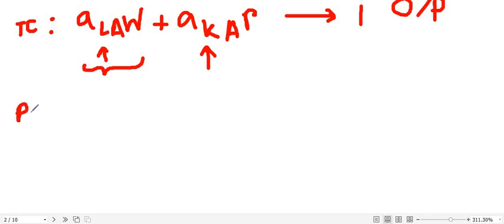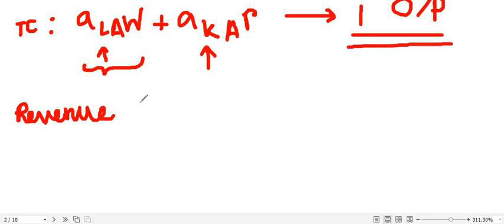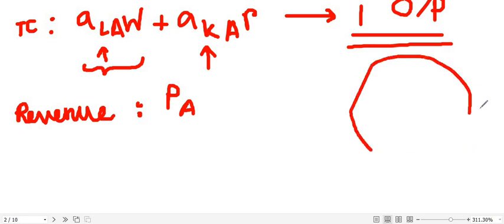Now what is the revenue? If I consider the revenue from 1 unit of production, of course that will be the price of the agricultural output in the market. So we assume that to be PA. Now here again, going back to the assumptions that we had made in our first video, we had assumed that the economy is a small open economy. Here comes the significance of the small open economy. Since if this is the world, the economy is very small.